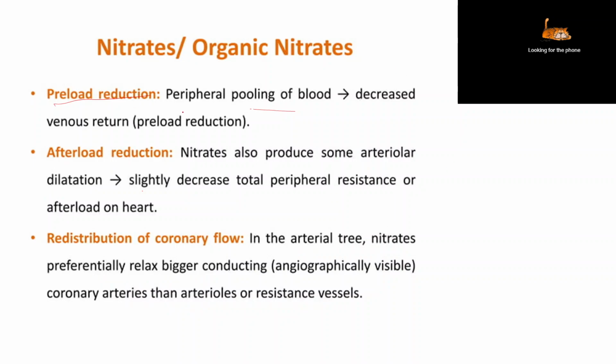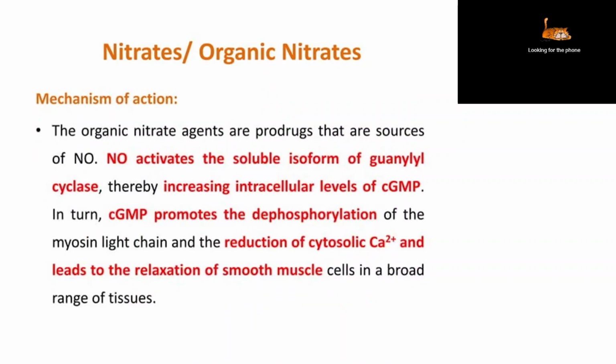We'll see the mechanism of action, how the drug produces its effect. Very simple. Nitrates are prodrugs. Prodrug means it is inactive when we take it, and when it goes into systemic circulation it becomes active. It produces nitric oxide, NO, which activates the soluble isoform of guanylyl cyclase.